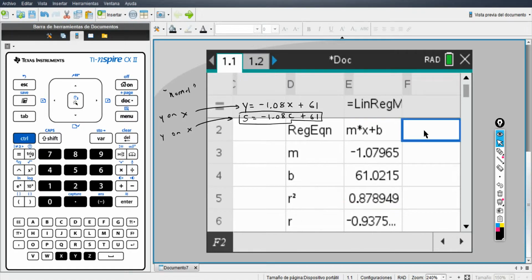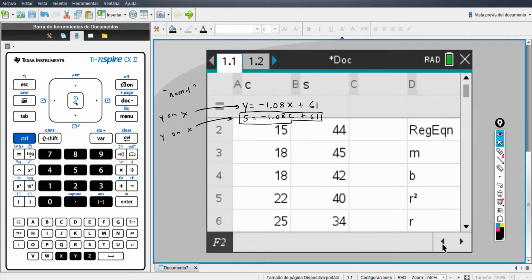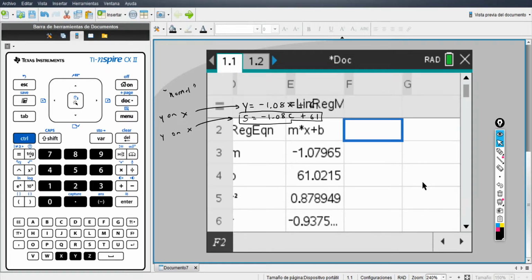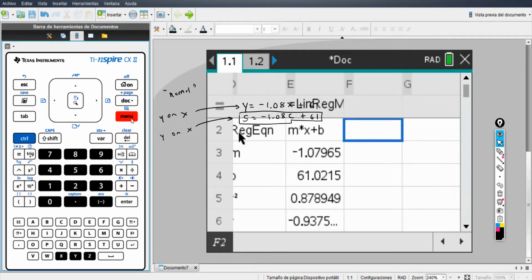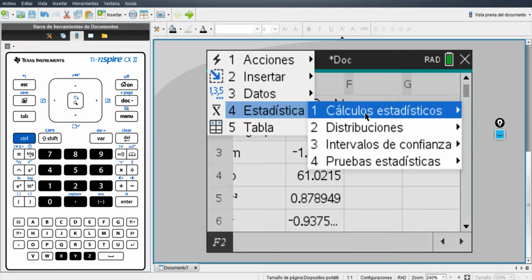But now look, I'm going to position myself in here. And now I want to do this. Remember, we have the data in here, the cost and the tickets sold. And take a look at what we're going to do next. Menu, statistics.